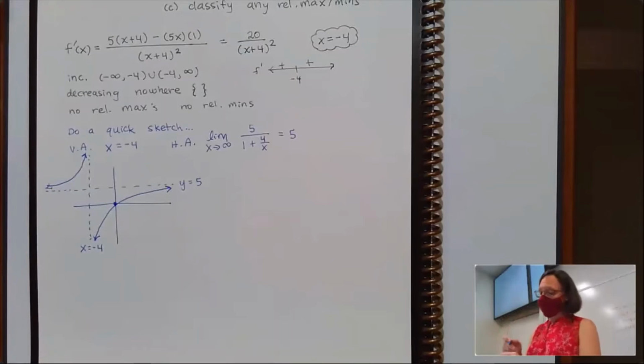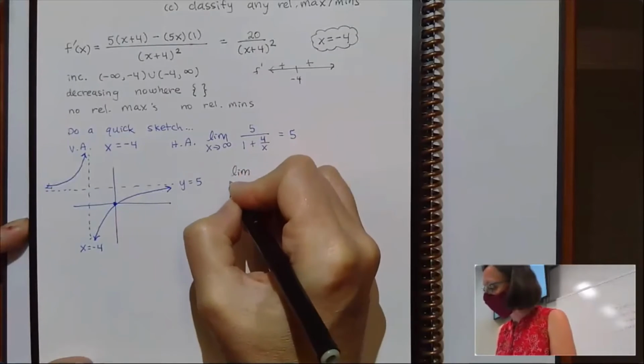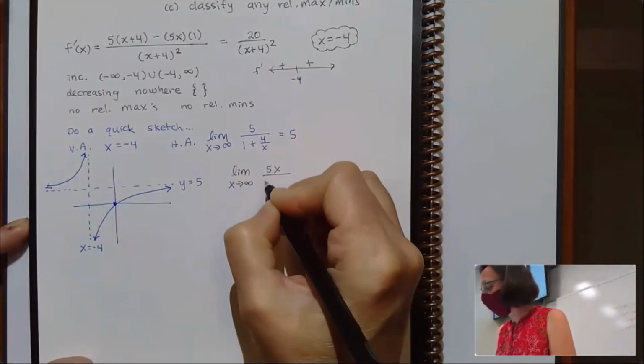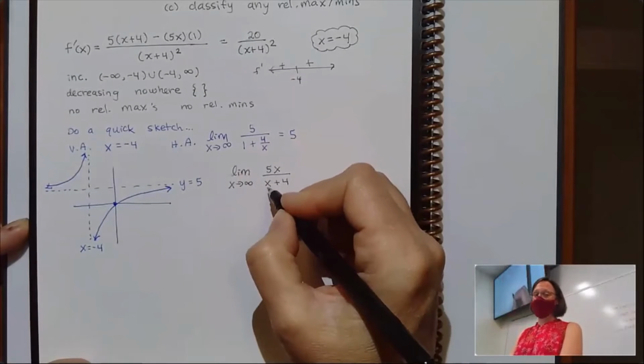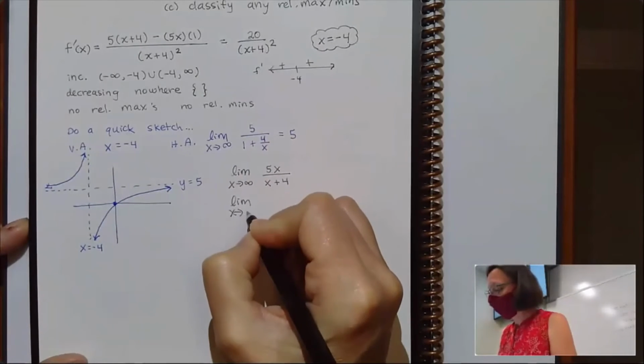Oh yeah, so I was using my skills from before. If I look at the limit as x approaches infinity, and I go back to where it started, 5x over x plus 4, the largest power of x in the denominator is just the x. So I'm going to divide each term by that largest power.